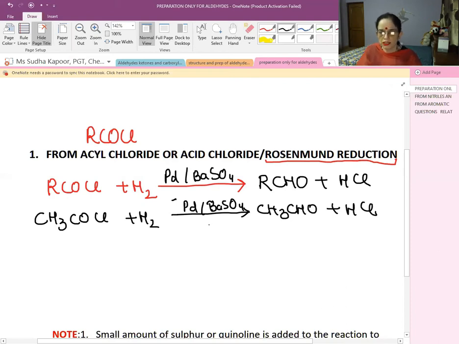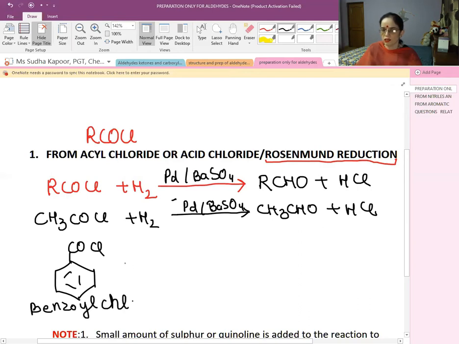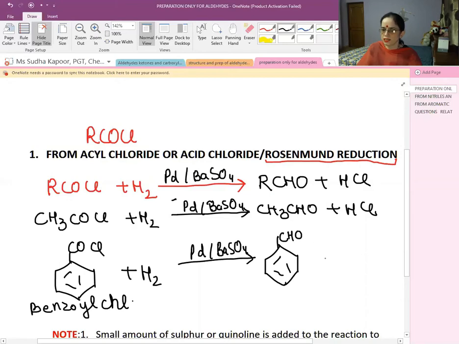As I told you, the reaction is not only meant for the alkyl R, it can also be considered for benzoyl chloride. Benzoyl chloride is a benzene ring with COCl. When we do the reduction, again in the presence of Pd and BaSO4, we get benzaldehyde, a very simple method to generate benzaldehyde, along with HCl.